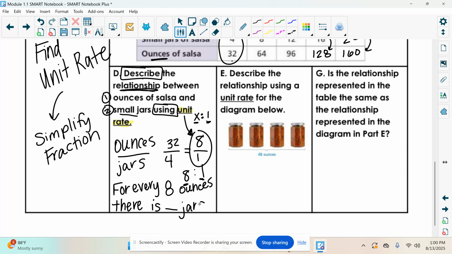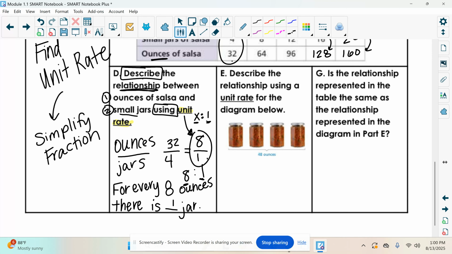Go back to your ratio. For every 8 ounces, there are, go back to your unit rate right here. If there are 8 ounces, there is 1 jar. For every 8 ounces, there is 1 jar.